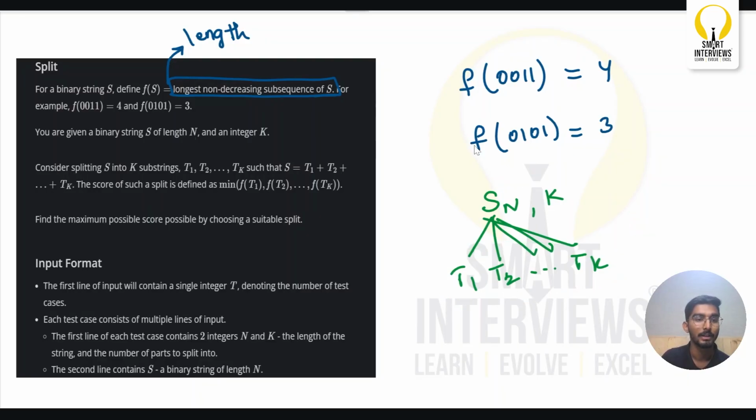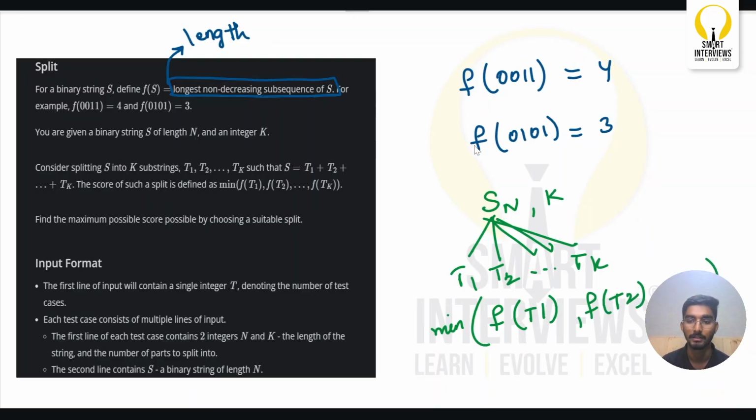Now the score of such a split is defined as the minimum of f of T1, f of T2 and so on, f of Tk.